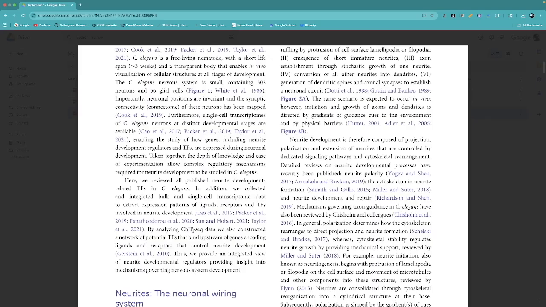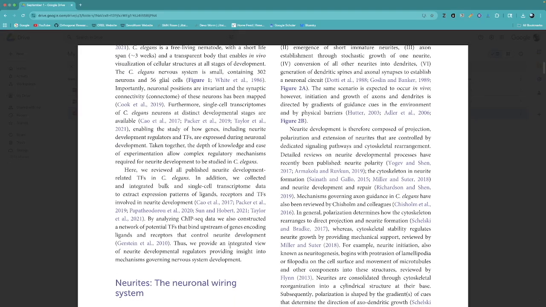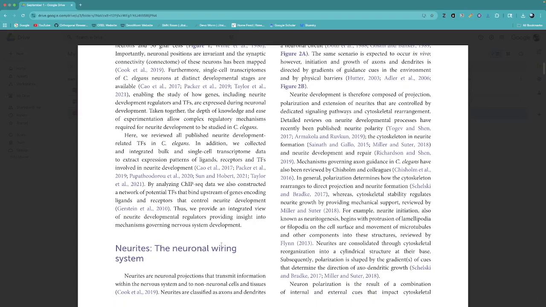So they're looking at how transcription factors bind upstream of genes, encoding different ligands and receptors involved in neurite development. So they actually look at how these genes are regulated with the GSoC data and then the abundance of mRNA in the transcription factor data. So you can get a sense of how these are being regulated by other genes and then how they're regulated locally in the connectome.